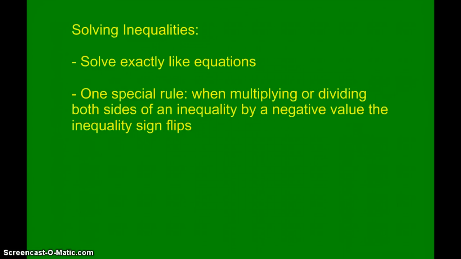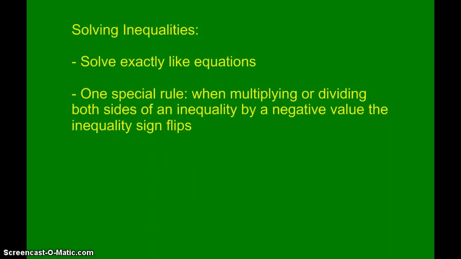Alright, when we solve inequalities, we're going to be looking at inequalities just like equations. You're going to solve them in the exact same format you always have, where you're going to do inverse operations. If you see x plus 2, you're going to minus 2. If you see negative 5x, you're going to divide by negative 5. Exactly the same steps we use in solving equations. There's just one special rule we have to be careful with when solving inequalities, and that's whenever you're multiplying or dividing in order to solve.